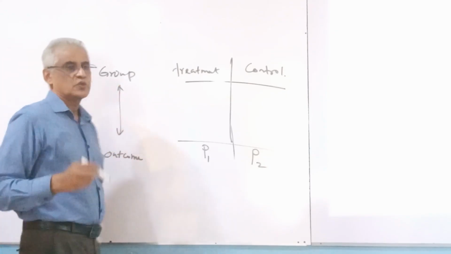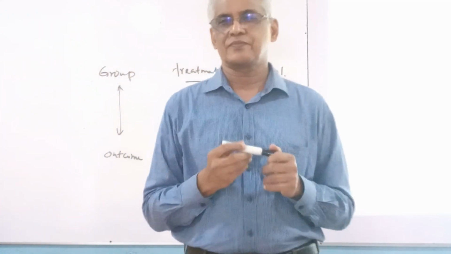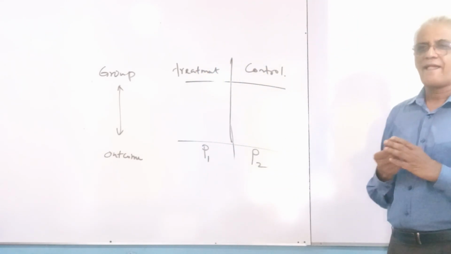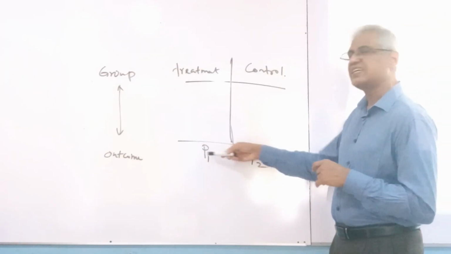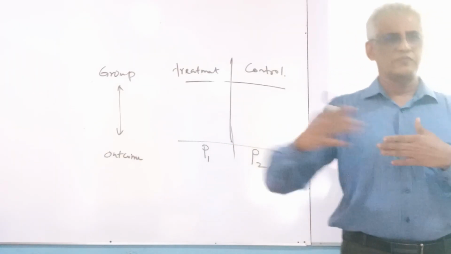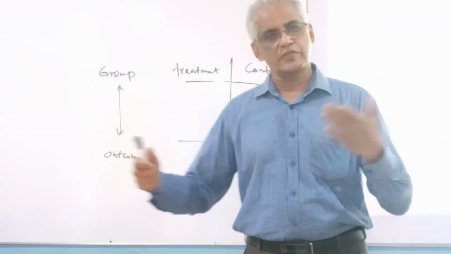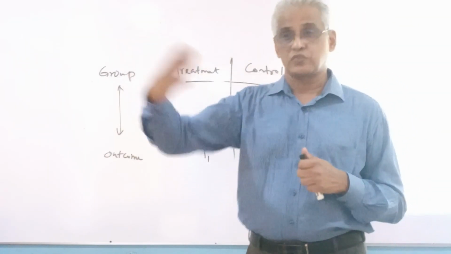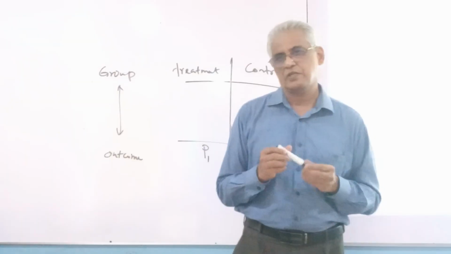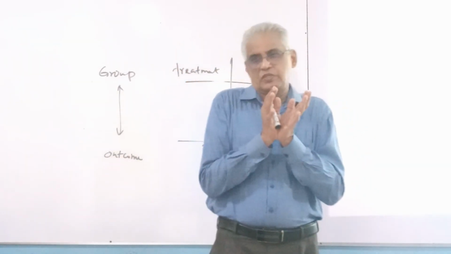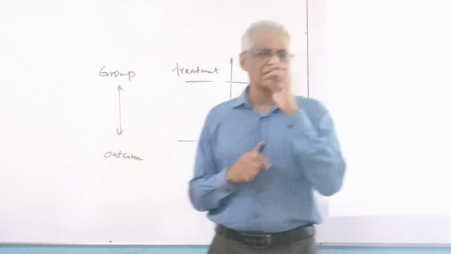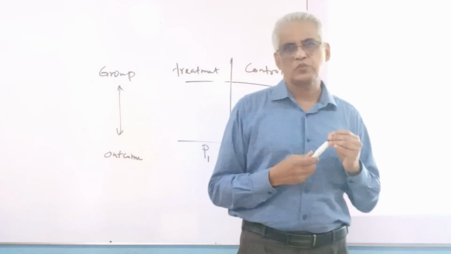You would say there is an association if what? Higher outcome. Yeah, higher or lower. If there is a big difference, usually if P1 and P2 are considerably different, then you would say this group is different from this group, and therefore there is an association. So that's what you generally mean by association. In the two groups, if the two results are different significantly, then usually we say there is an association.